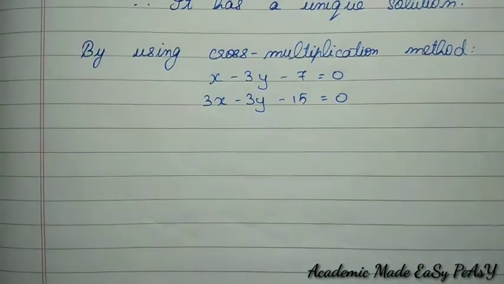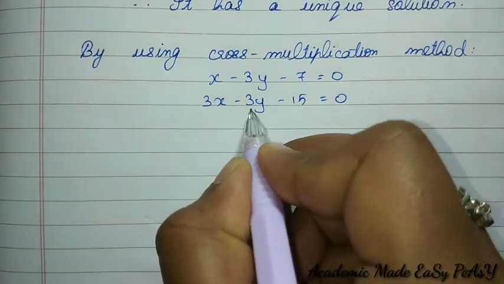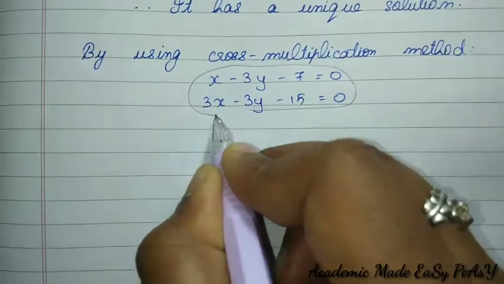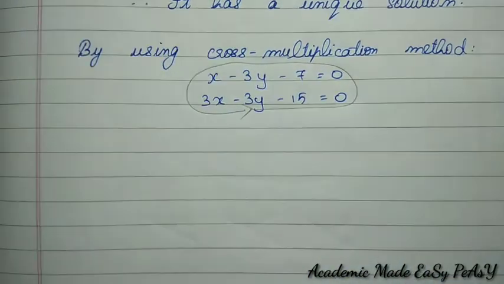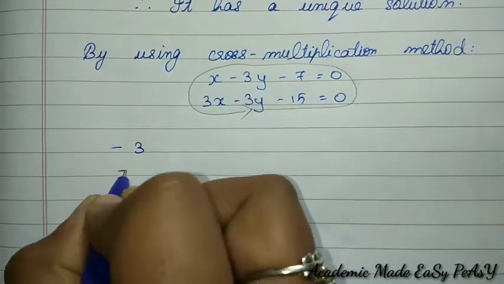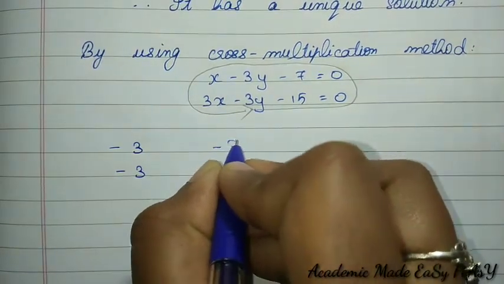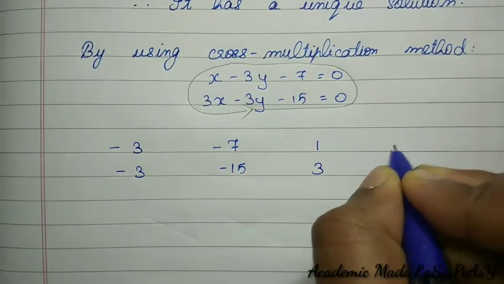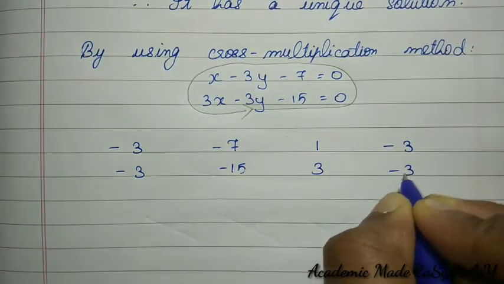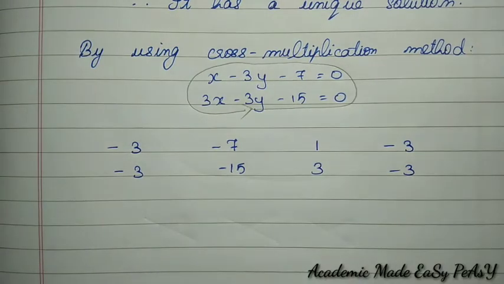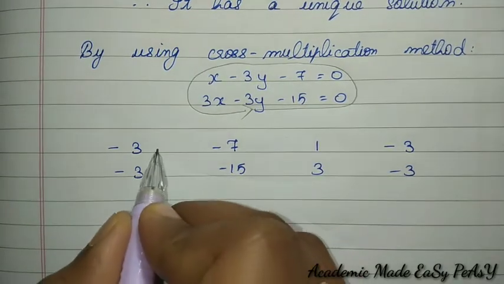Now, as I said in the introduction part in the previous sum, we have to go in a circle from B and we have to end with B itself. So I will write minus 3, minus 3, minus 7, minus 15, 1, 3, and minus 3, minus 3 again. Why? Because I have to end with B itself, that is B1, B2. Now let us start drawing the arrow marks.